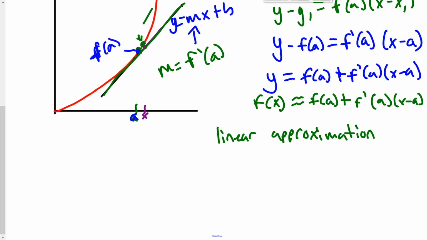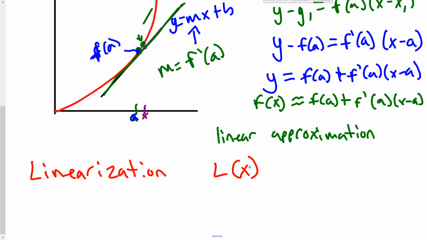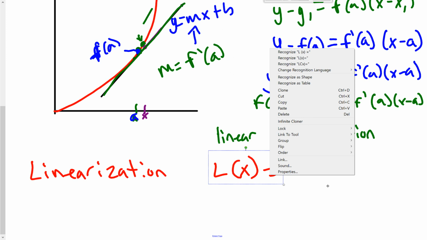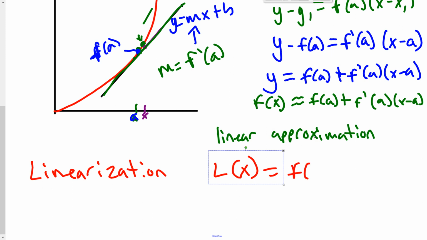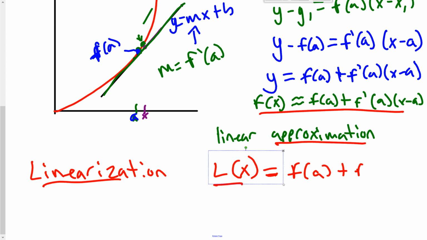And then if the book asks for the linearization of some given a, we would use this one. The linearization is just changing it to a capital L. It's the same equation with an equal sign: f of a plus f prime of a times x minus a.